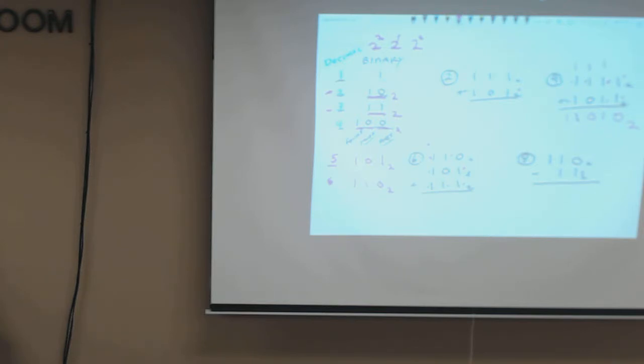Okay, now let's do a subtraction. I know subtraction gets a little tougher because you have to borrow, but that's also true in decimal, isn't it? Okay, so let's see what happens here. Let's do number 8. Now I have no ones. This is the ones place. This is the twos place.